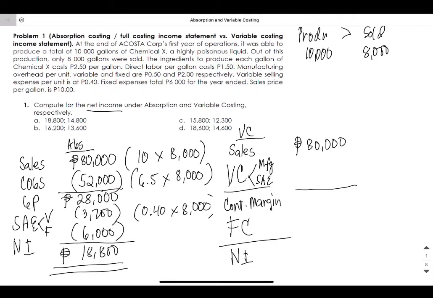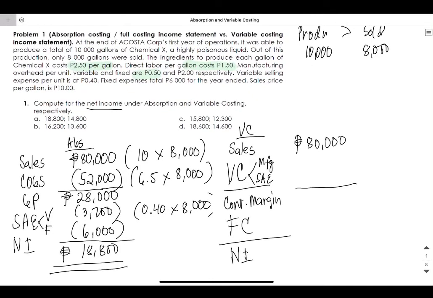Your variable manufacturing cost will be direct materials, direct labor, and variable overhead only. So that will give us 2.5 plus 1.5 plus 50 cents, which gives us 4.5.